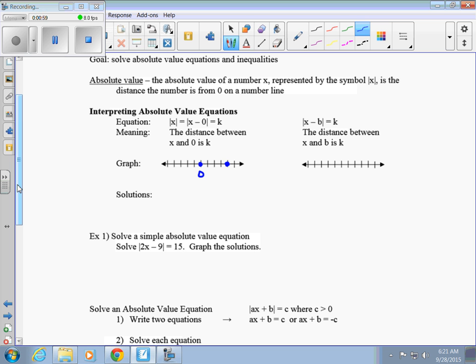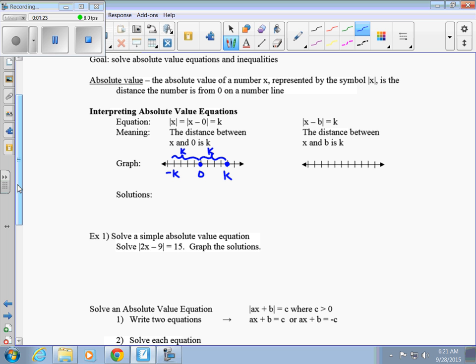Since they tell us it equals k, we're going to a point k here, and we go the same distance the other way, and that's negative k. So these distances are both k units. That's what the absolute value of x equals k means.